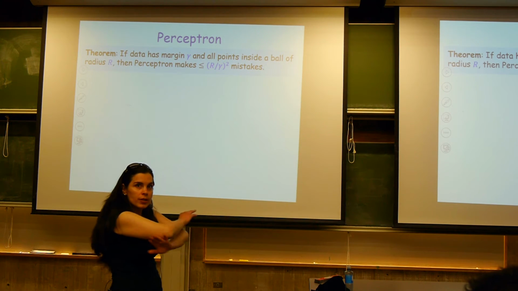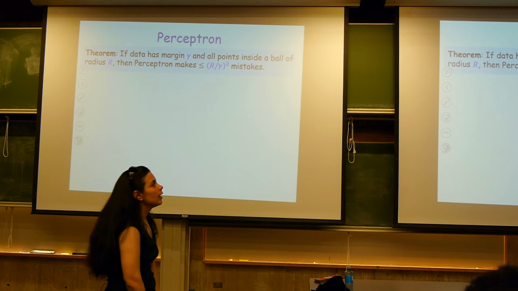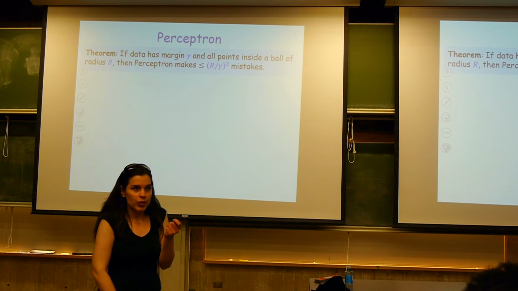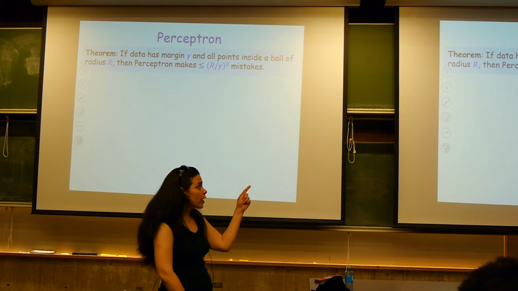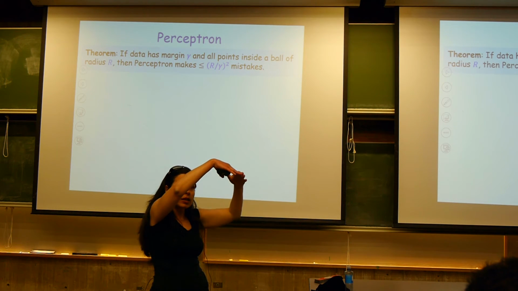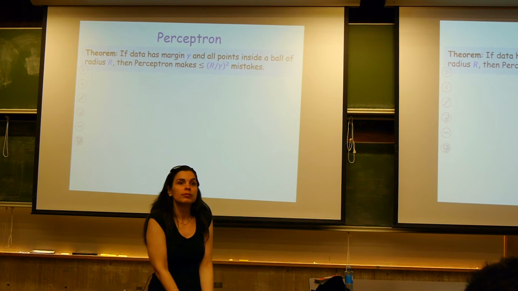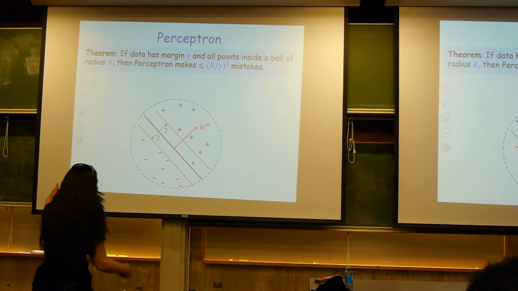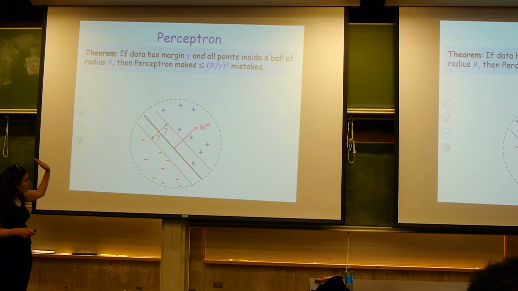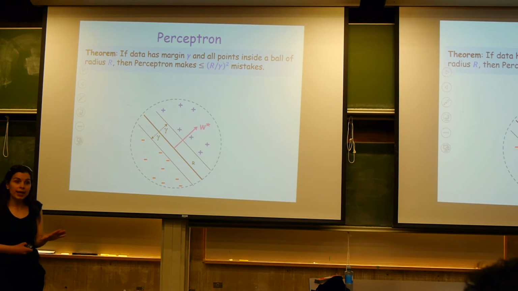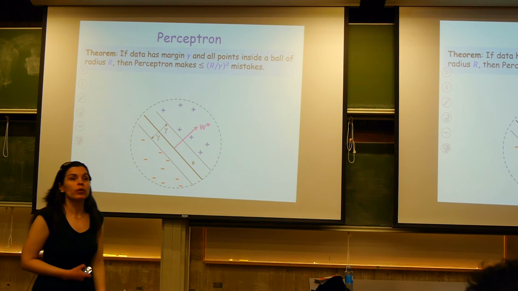As long as it has margin gamma, so as long as there is a separator that separates the data correctly by margin gamma, I'm guaranteed that the Perceptron algorithm will never make more than R over gamma squared mistakes, where R is the maximum length of an example. So if all the examples lie in a ball of radius R, and the best linear separator has margin gamma with respect to this set of training samples, then the number of mistakes we're ever going to make is no more than R over gamma squared.